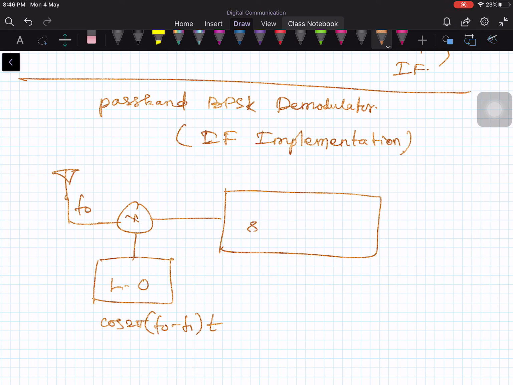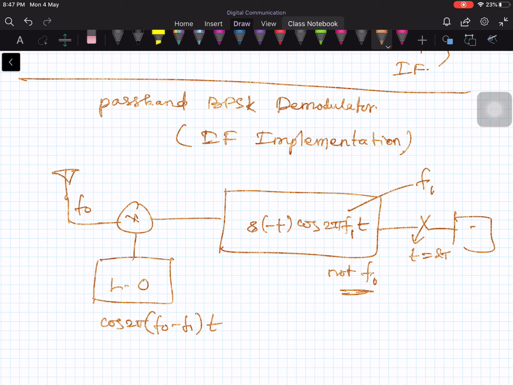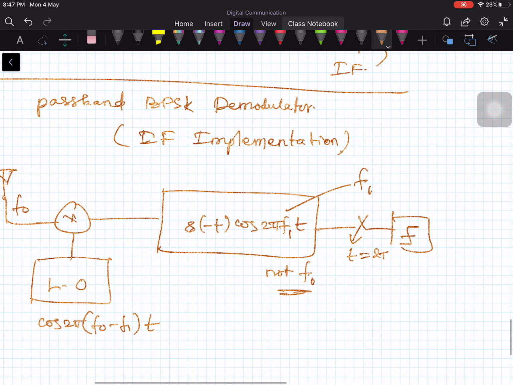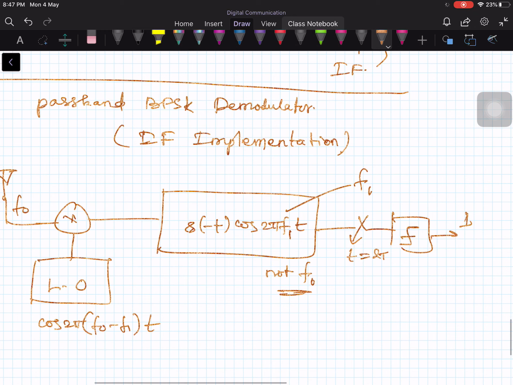The matched filter is mapped onto s of minus t, and now instead of f0 it is mapped onto cos of 2 pi f1 t, not f0 t. Now look here, f1 is a very low frequency compared to f0, and then do the sampling at t equal to lT and give it to the comparator. If it is greater than 0, then decide it is logic 1, and if it is less than 0, then decide bit 0 was transmitted.